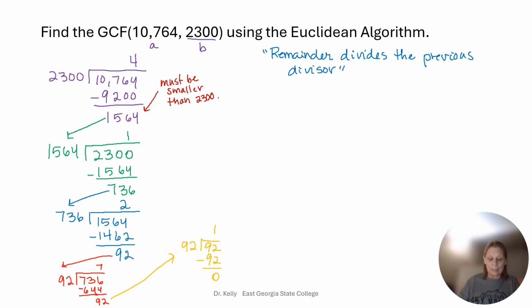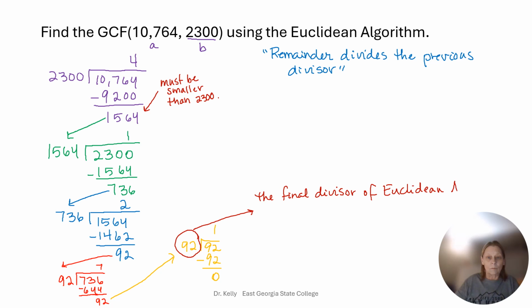Now, once you get to that 0 remainder, the final divisor of the Euclidean algorithm is the greatest common factor.